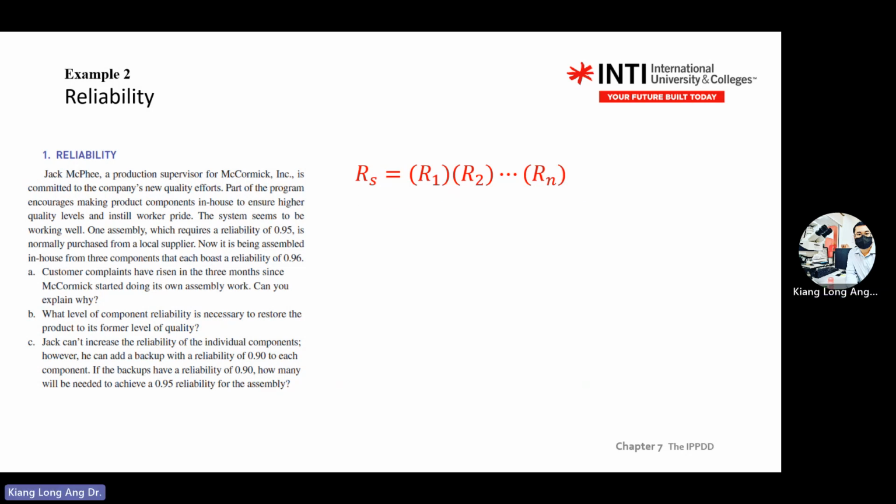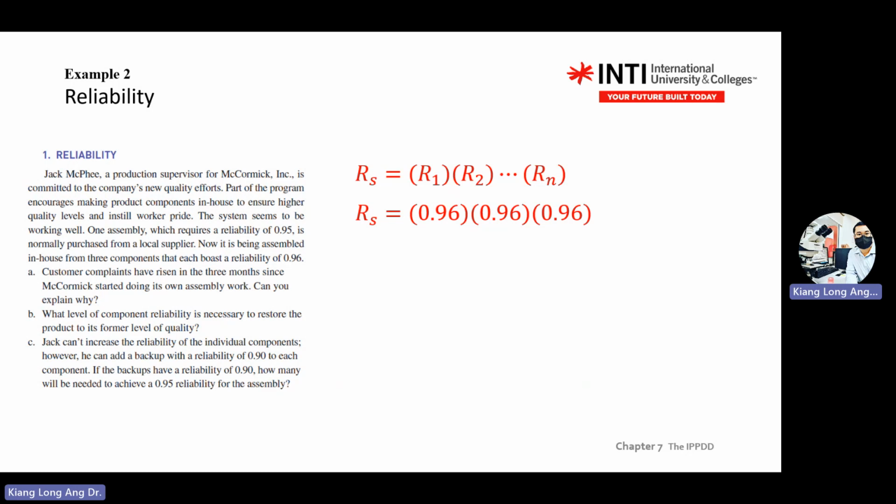So you use the first, series, which means you assume the production combined 3 components at 96%. It tells you already: it's being assembled in-house with 3 components that each give you 96%.